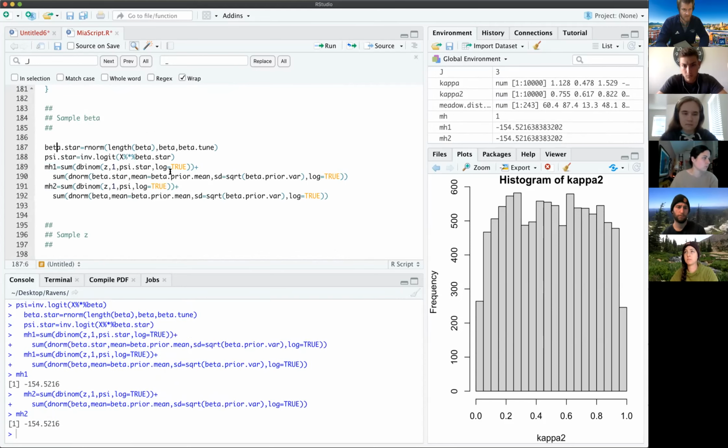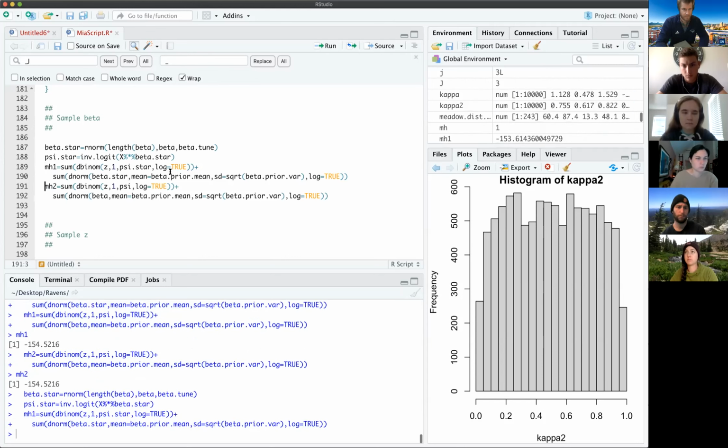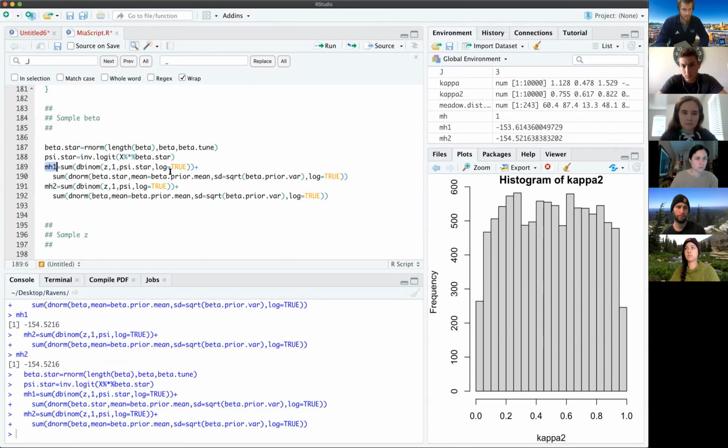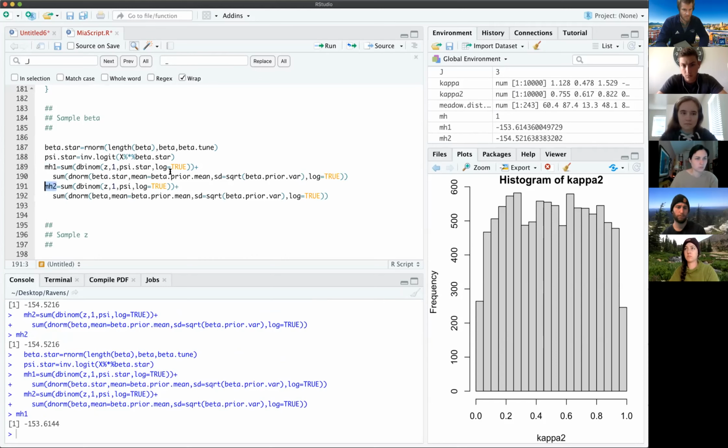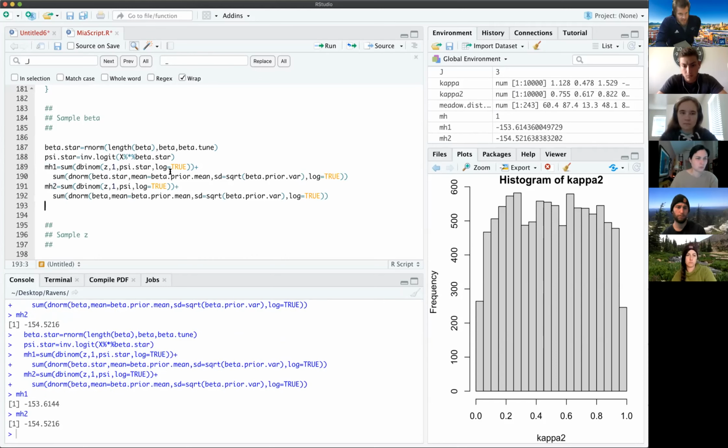Those are exactly the same. What's going on? I know what happened. Okay. All right, so they're pretty close. That's good. Then we do our if statement, or calculate the actual Metropolis-Hastings ratio.